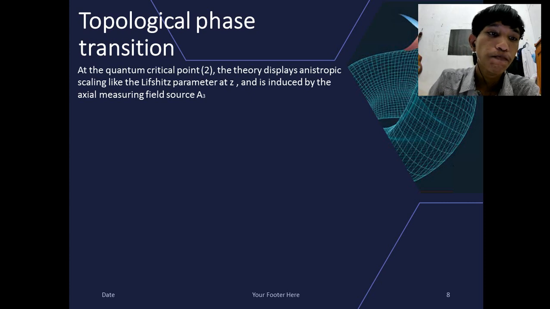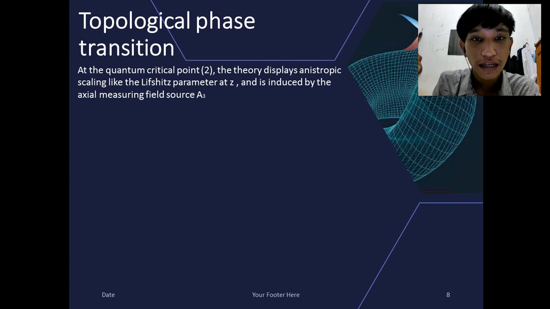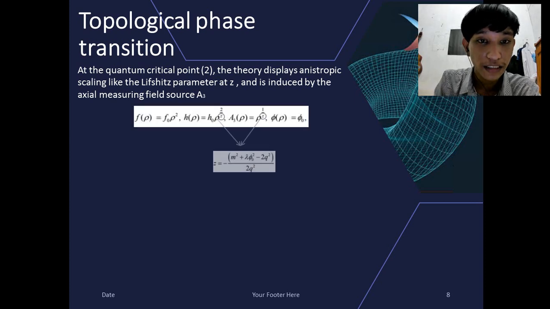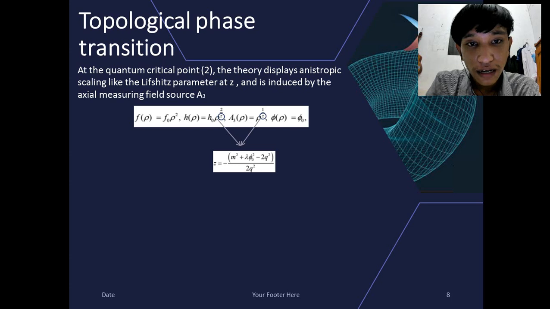After that, at the quantum critical point, the theory displays anisotropic scaling with the Lifshitz parameter z, and is induced by the axial gauge field source A3. From the equations for f and rho, you can get the exponents 2 divided by z and 1 divided by z.